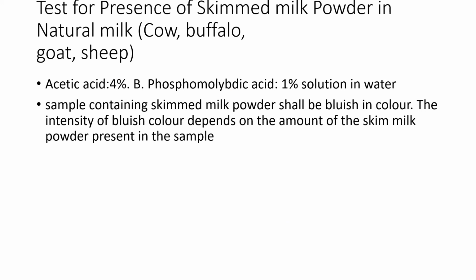And next, a new market has opened up for a lot of kinds of milk. You have toned milk, you have skimmed milk. There are a lot of milks. We'll be discussing each and everything in the upcoming videos. But today I'll say how you would detect the presence of skimmed milk powder in natural milk. You have phosphomolybdic acid. Where did you last see this phosphomolybdic acid?